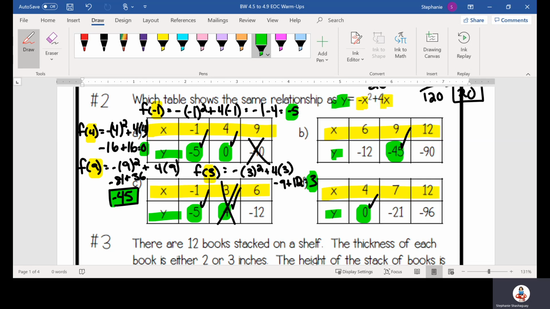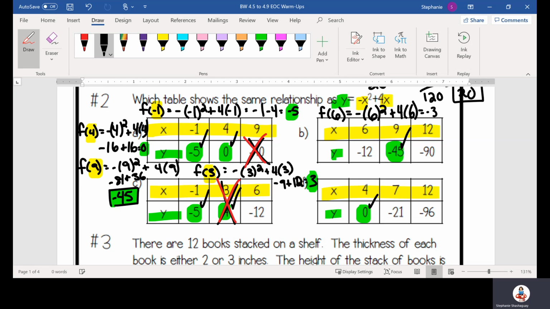So far we've marked out A. We've marked out C. So we're between B and D. All right. Let's go ahead and find f of 6. And that's going to be equal to a negative 6 squared plus 4 times 6.